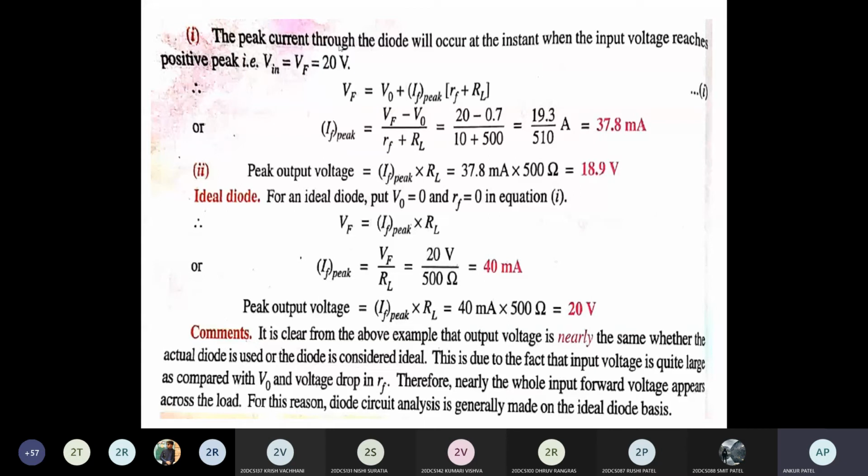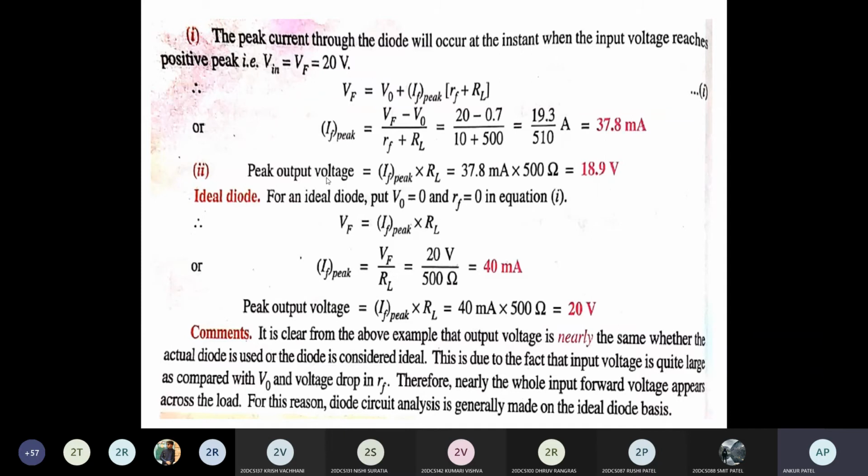We know VF is equal to V0 plus IF into R, so V0 plus IF peak into RF plus RL. By rearranging the equation, IF is equal to VF minus V0 upon RF plus RL. So 20 minus 0.7 upon 10 plus 500, which is 37.8 milliampere.